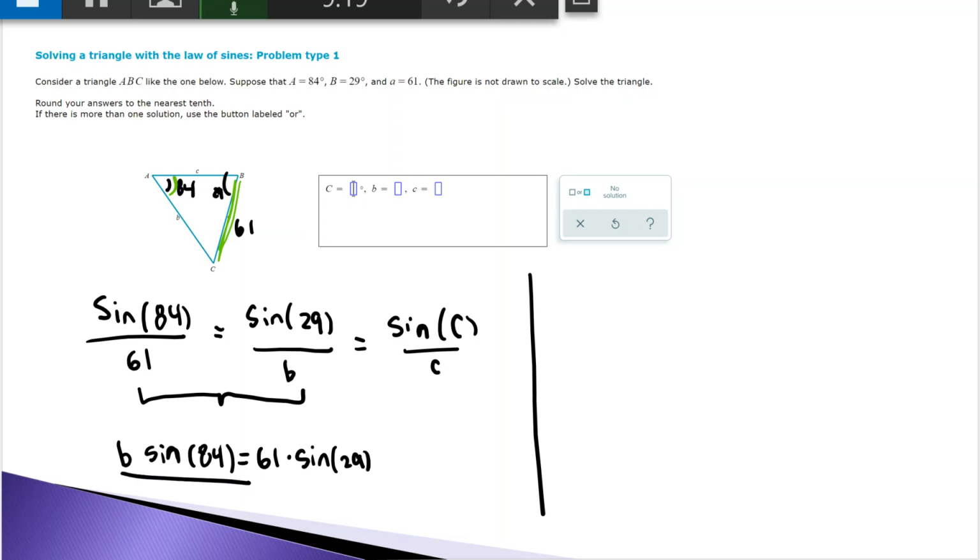And I'll divide by sine 84. And that's going to give me that B is equal to 61 times the sine of 29 divided by the sine of 84.